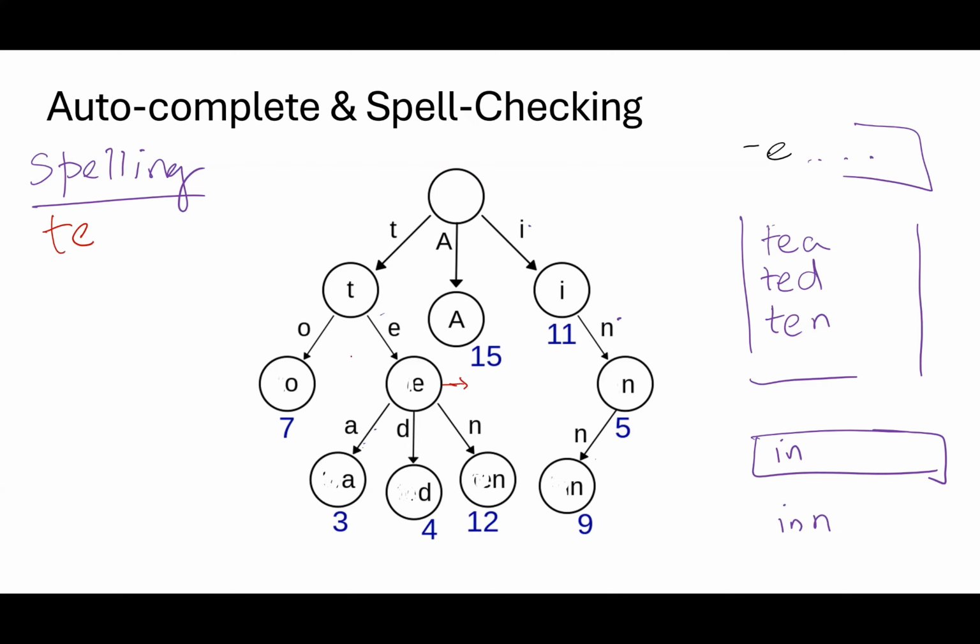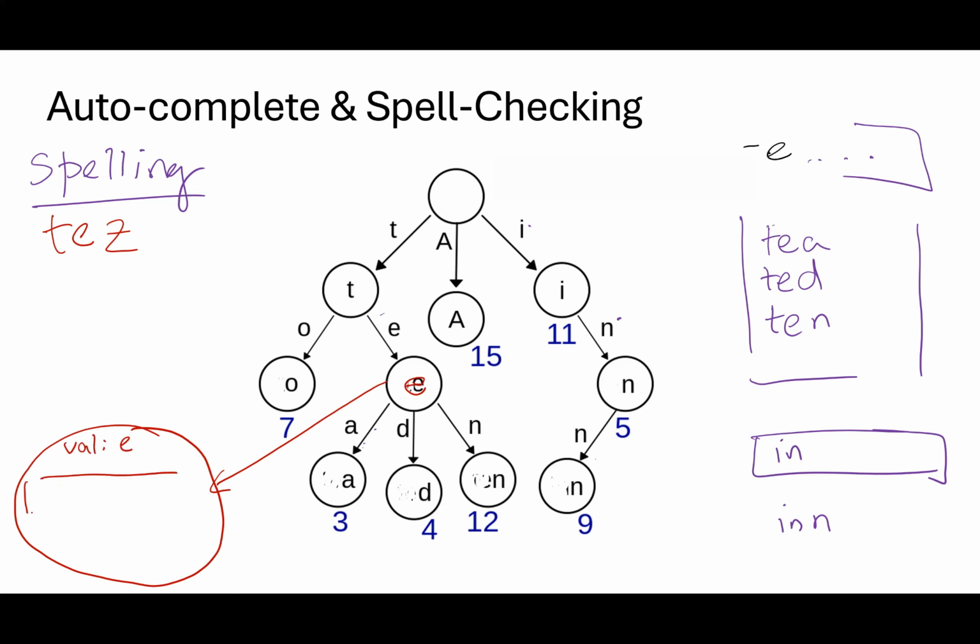And then you wrote X or Z, something like that, Z. So you see, what are the children of E looking like? Let's try to look at the node here. So the node here has the value of E, and then it has a list of links, or list of children.